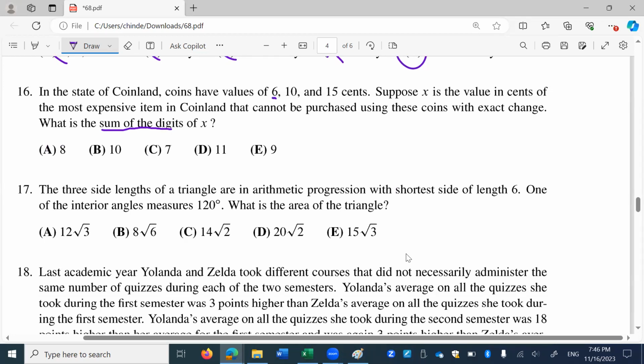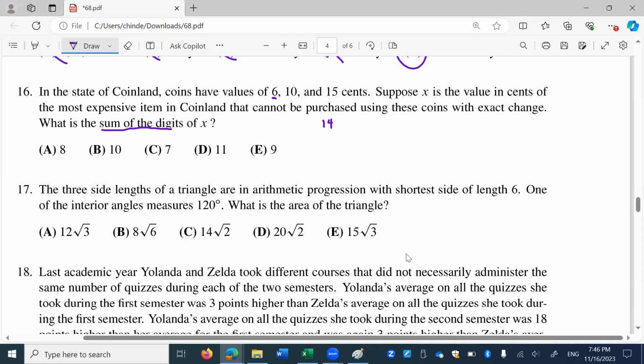So 6 is the smallest number. Once you find 6 numbers in a row that can be made, then every number after that is going to be made. So yeah, we can start thinking about a number like 14, right? 14 cannot be made by any of these combinations.